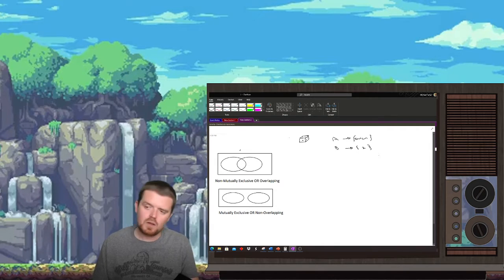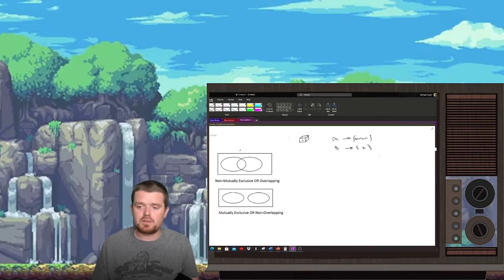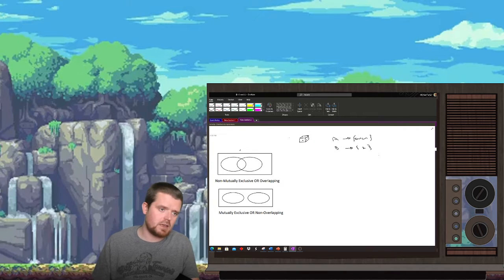So the question is, could I roll a number that is both even and a 2? If so, then this is an example of an overlapping event. If not, then this is an example of a mutually exclusive event.